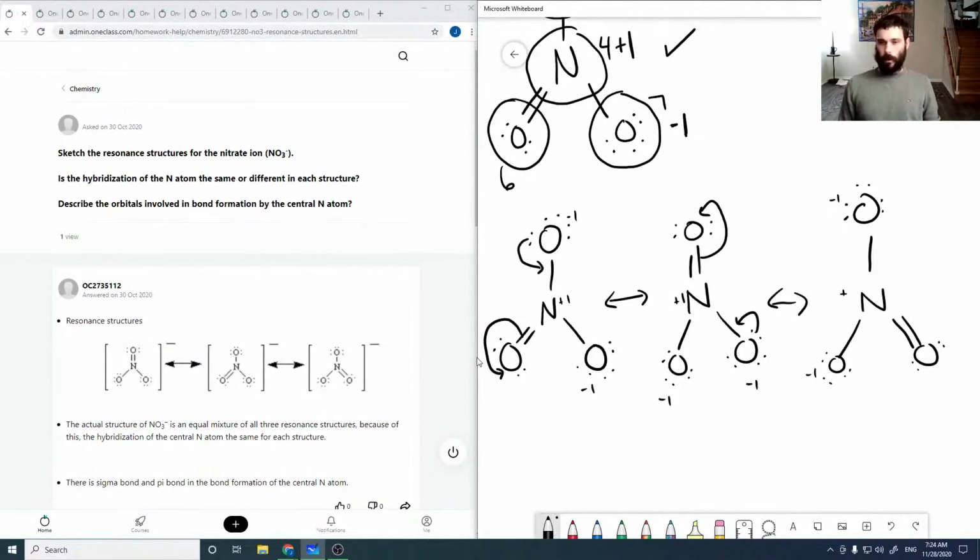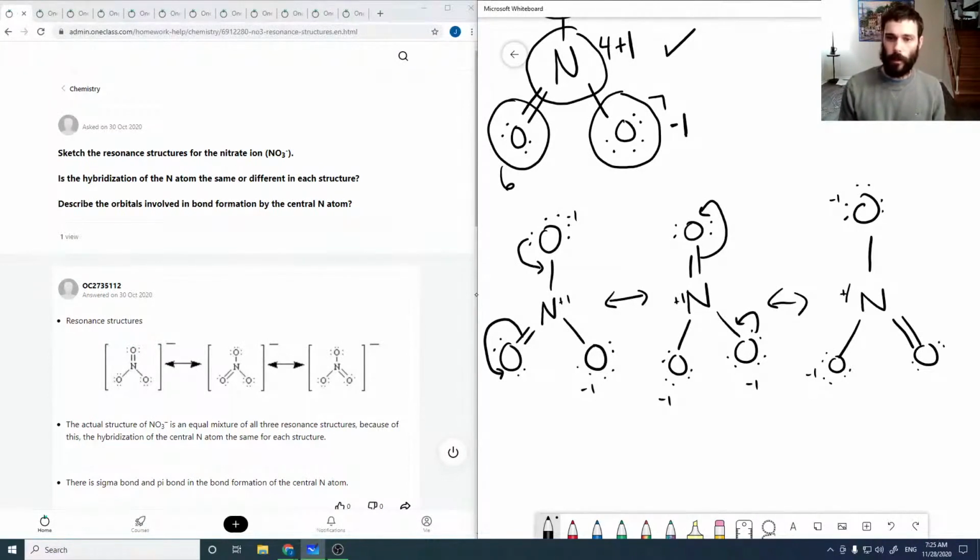Now, resonance structures are not real. They're not actually happening. But what they do represent is that the molecule would exist in an in-between state of all three, meaning rather than two of these oxygens holding a -1 charge, each oxygen likely has roughly -2/3 of a charge, and the nitrogen almost certainly has a +1 charge, as it has a +1 in all three resonance structures.